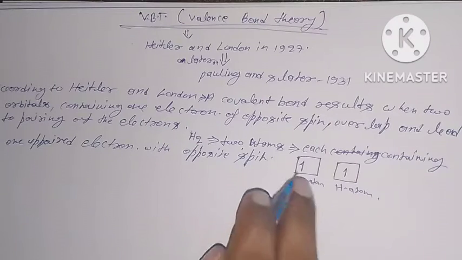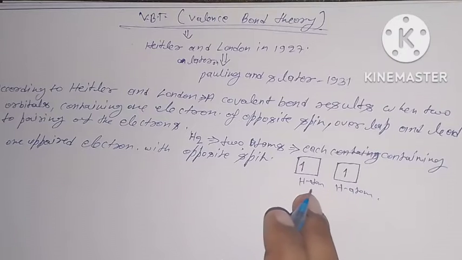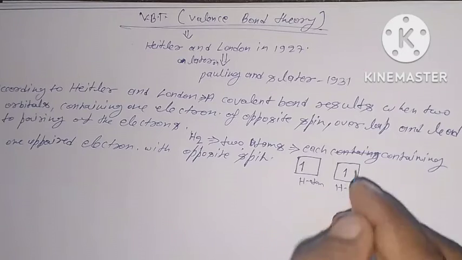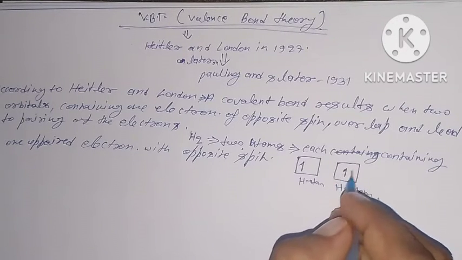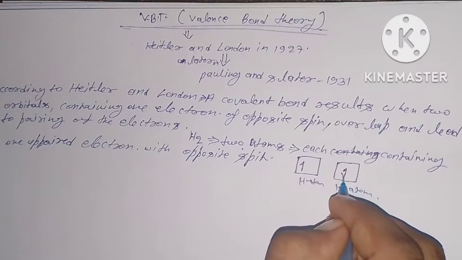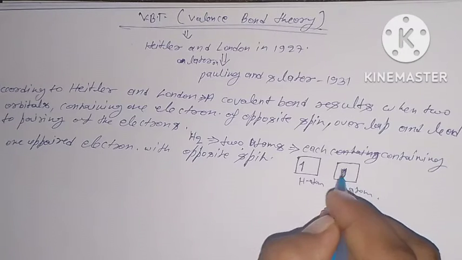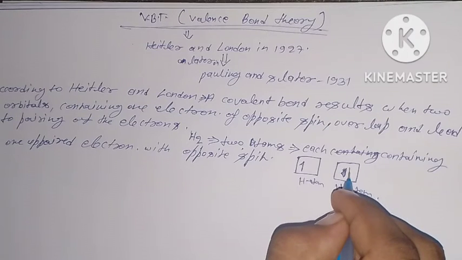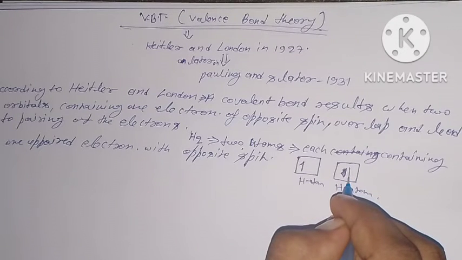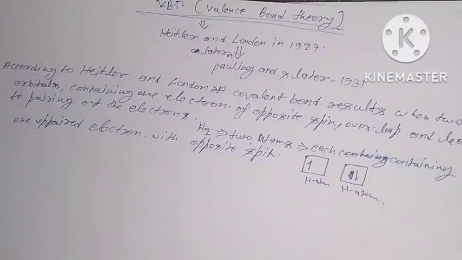It has two H atoms, each containing one unpaired electron with opposite spin.